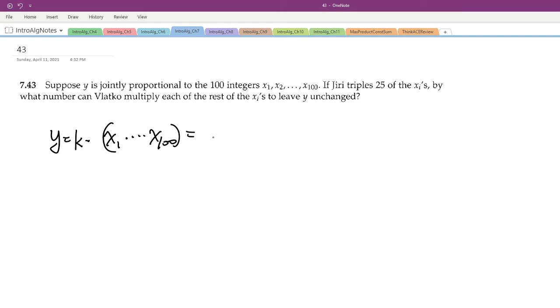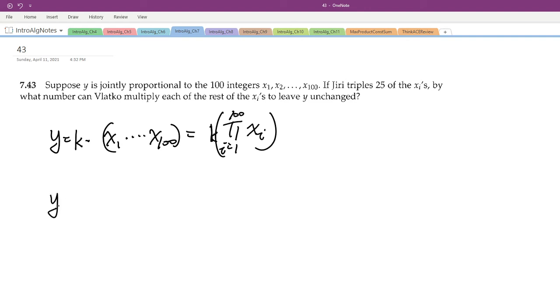You can also write it this way: pi, i equal to 1 to 100, of xi. This just means the product. This symbol only means the product. So if Jerry triples 25 of the xi's, by what number can we multiply each of the rest of the numbers to leave y unchanged?